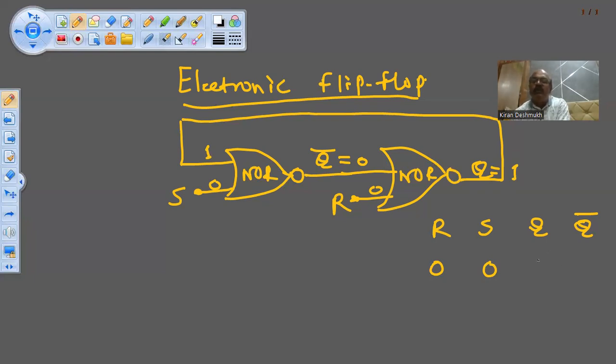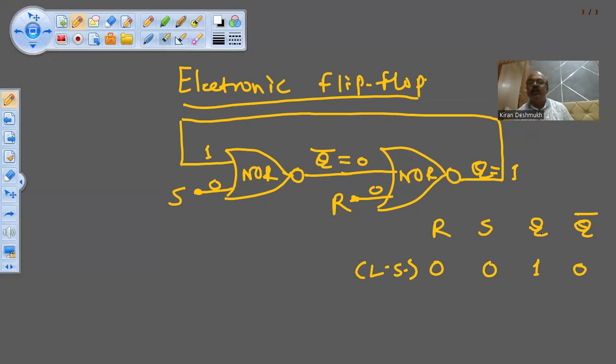So let us assume that Q is 1 and Q bar is 0, when both the inputs R and S are 0. This we call the last state, because we don't know whether Q is 1 or 0. Q may be either 0 or 1. We are assuming that Q is 1, but this may not be true.